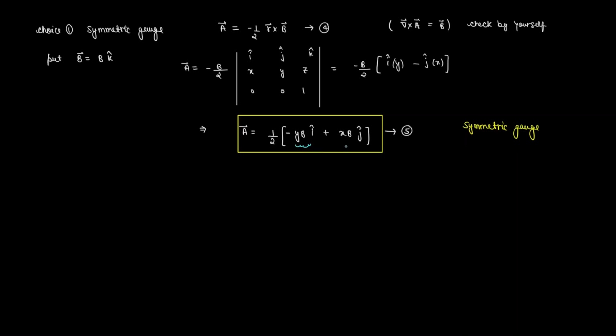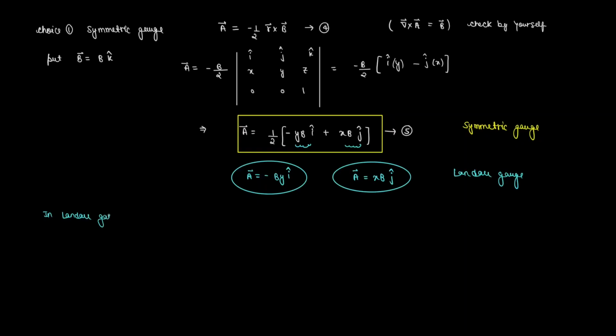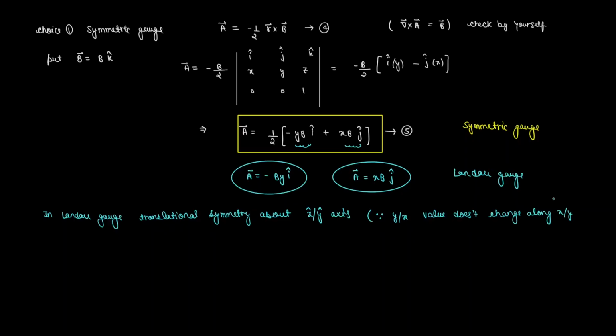And if you take its individual term, then you will get Landau gauge as minus yB along x direction and xB along y direction. So therefore in Landau gauge, there is translational symmetry about x or y axis. It is because y or x value doesn't change along x or y direction.